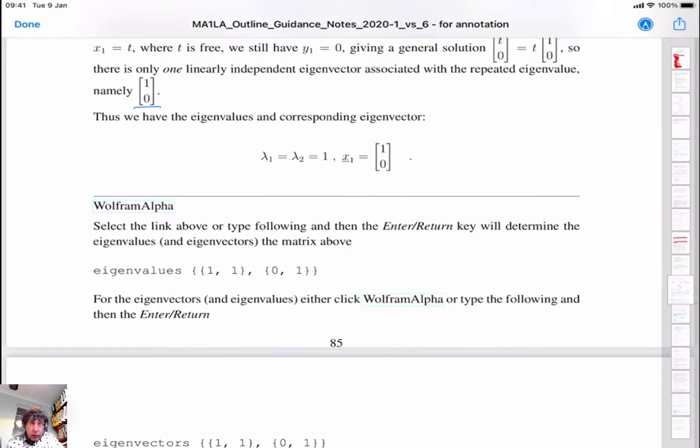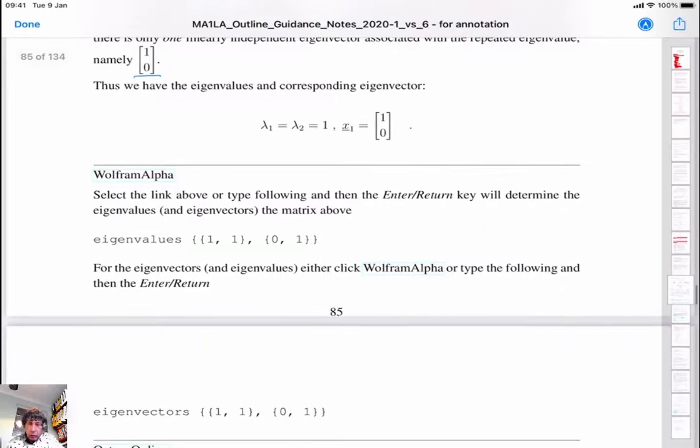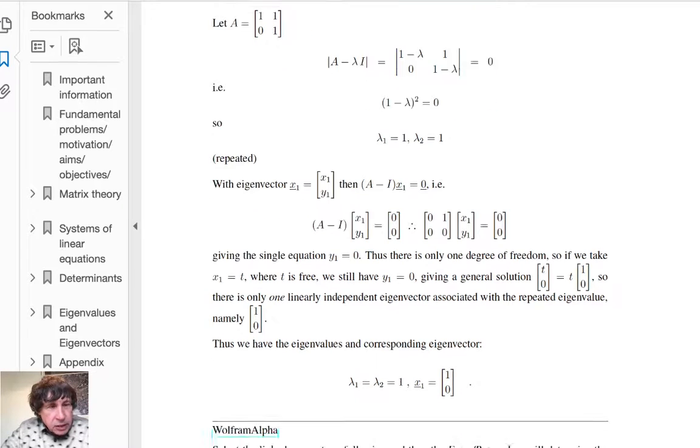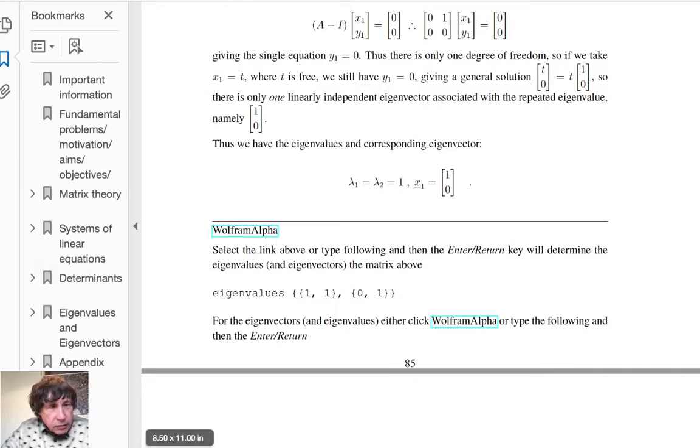Later on we'll look at cases where we have repeated eigenvalues with a complete set of eigenvectors and others where we do not have that. Let's have a look at what Wolfram Alpha does for this problem and see whether it replicates what we've just seen. If I turn to the notes, you'll see that the Wolfram Alpha link is given, and it will compute the eigenvalues of the matrix I've just described, 1, 1, 0, 1.